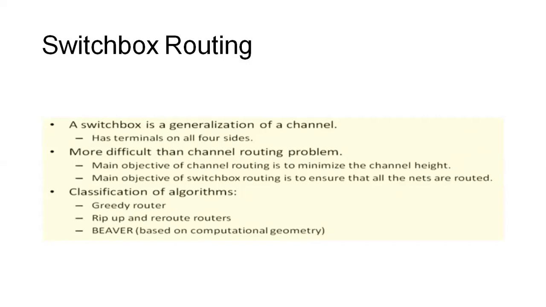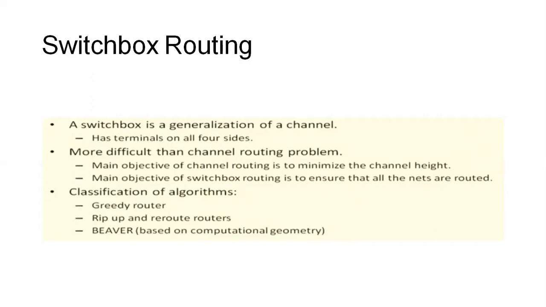Your objective is not to reduce the area or the height, but to ensure 100% completion of routing. So the objective is completely different. The main objective is to ensure that all the nets are routed.